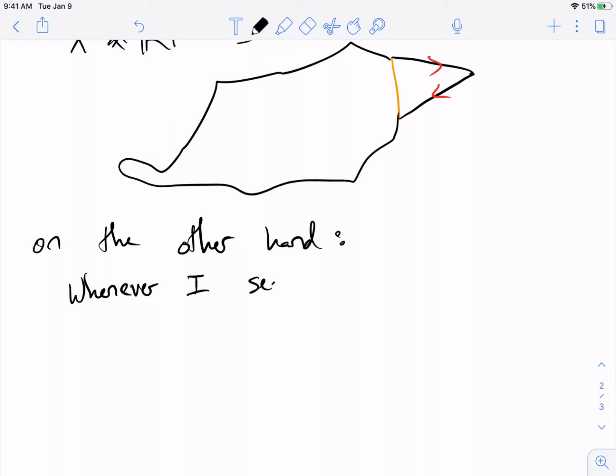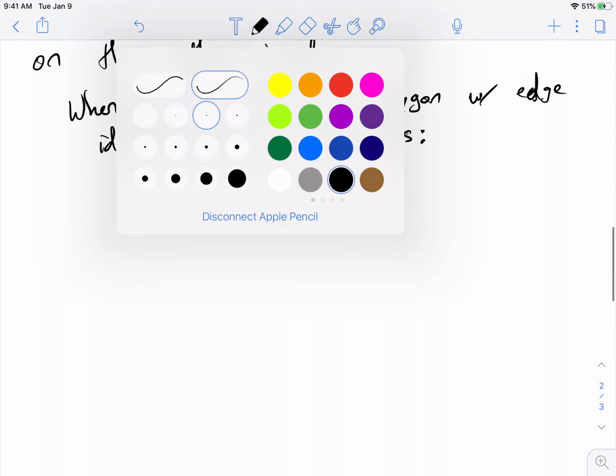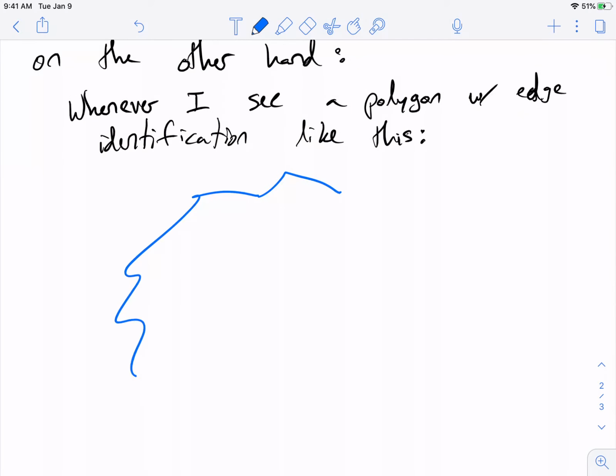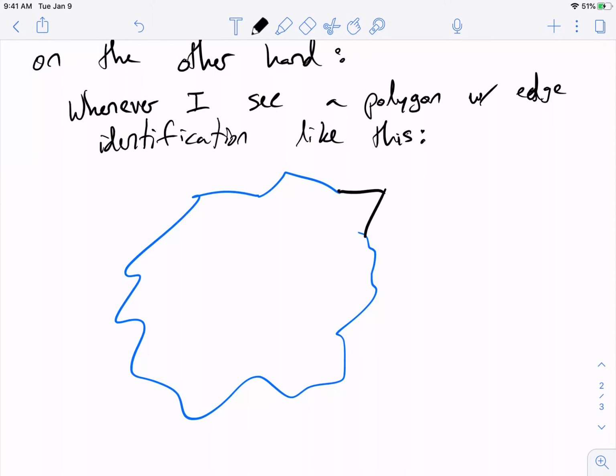Whenever I see a polygon with edge identifications that looks like the following: something complicated, I don't care what it is, and then it's got two edges which are adjacent to each other, so two adjacent edges, glued with a twist.